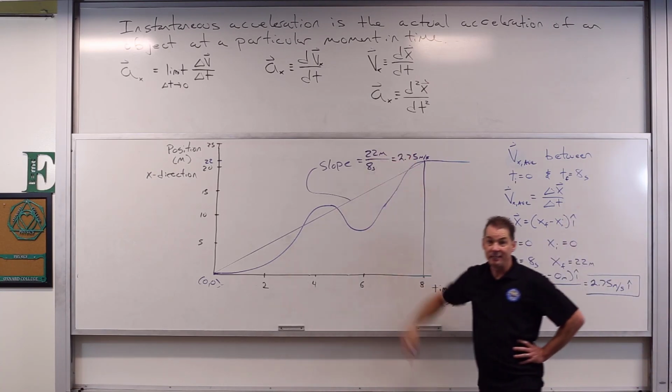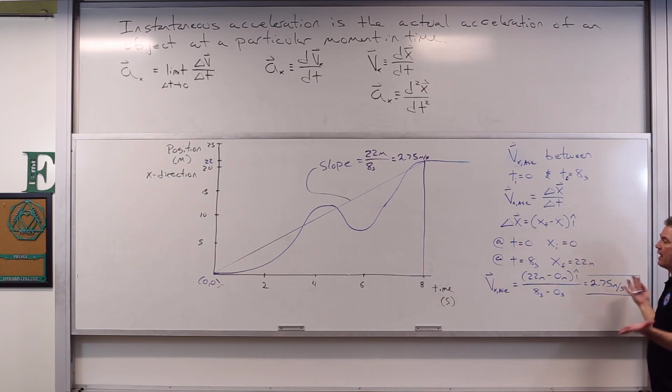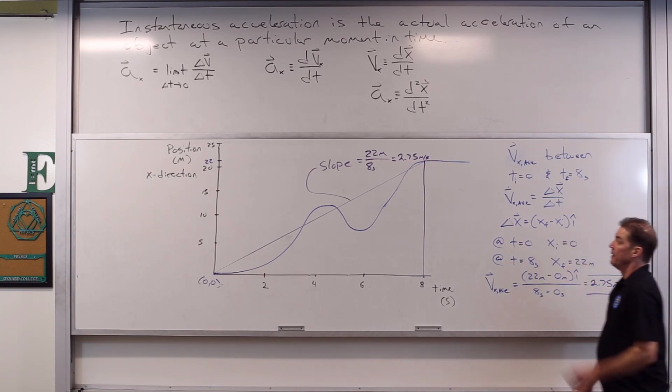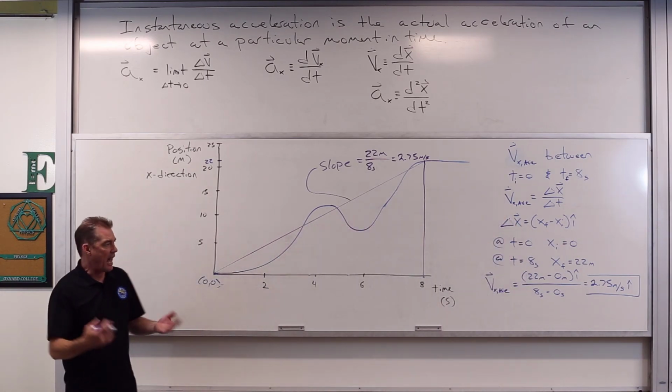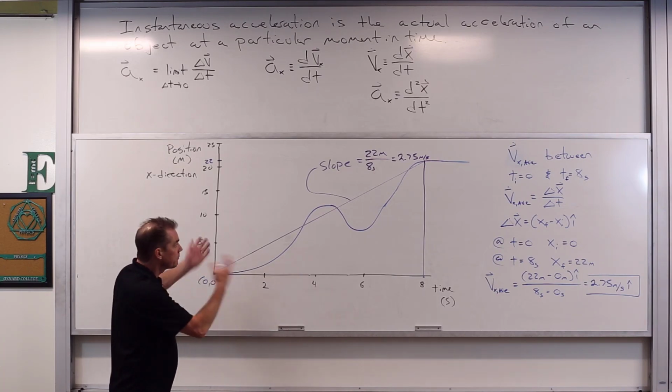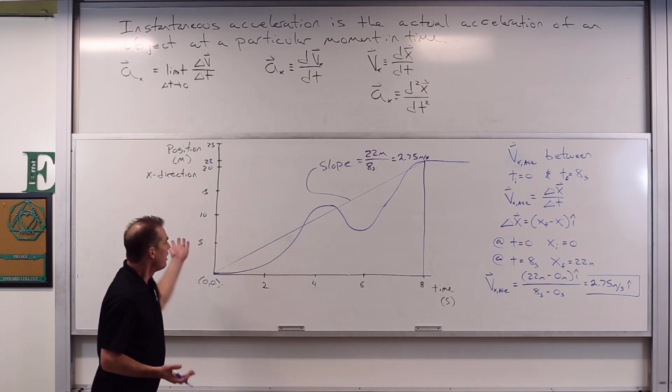We're working in the I hat direction, we throw a little I hat on there, and we've got ourselves the average velocity in the x direction. So that's one correlation that we want to get out of this. That's where these average values come in handy in looking at how fast will I have to move on average to get there.